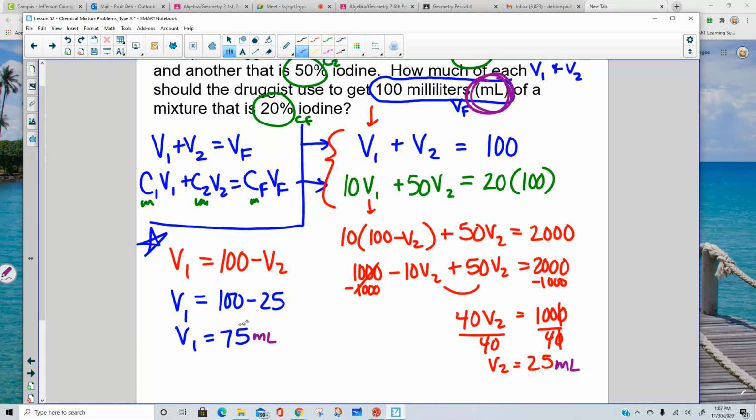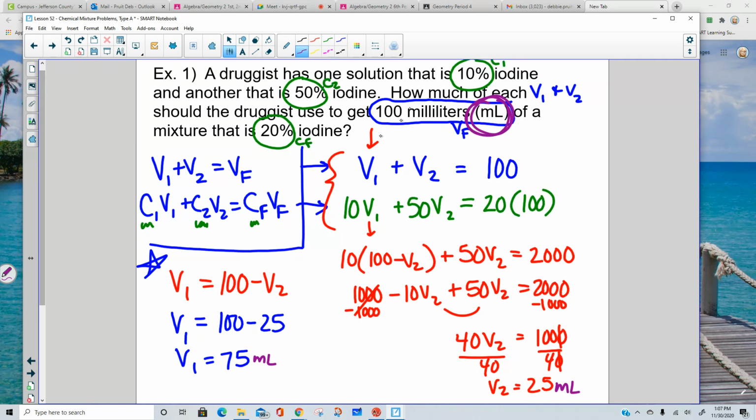You have to tell me, what was my V1 from the text? Well, what did I do first? Oh, okay, I see that was the 10% iodine, right? So V1 is 75 mL of the 10% concentration, and tell me what is the substance. Okay, what is the substance? Iodine. I need all of that, okay?